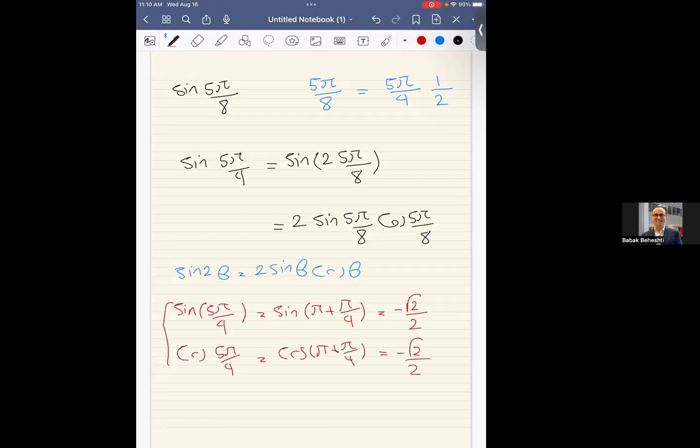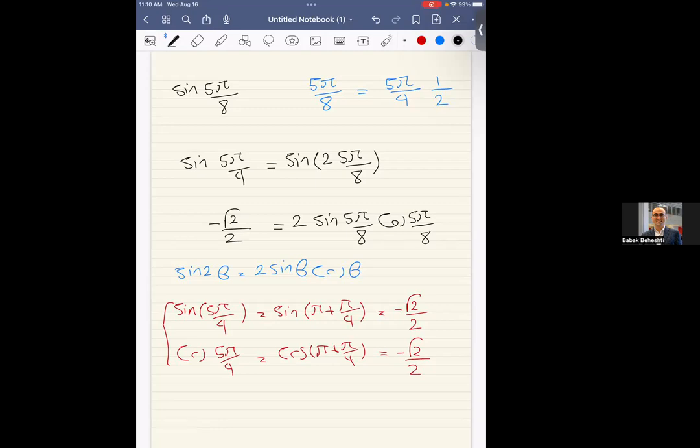So you can plug it here and you have this equation, minus root 2 over 2 is 2 times sine of 5 pi over 8 times cosine of 5 pi over 8. So you can use this equation to find sine of 5 pi over 8.